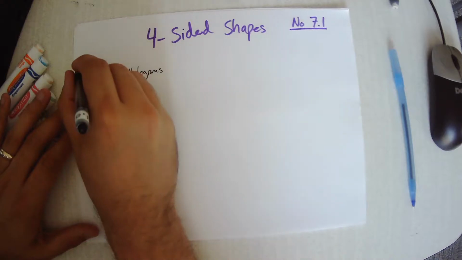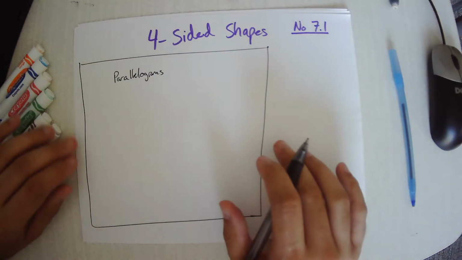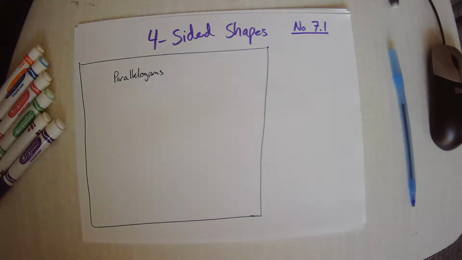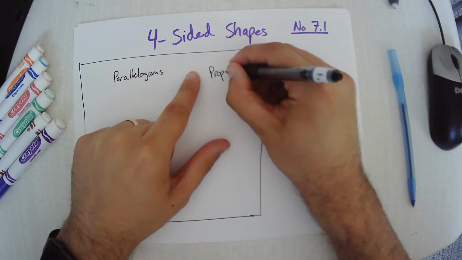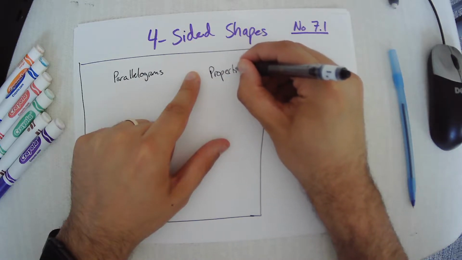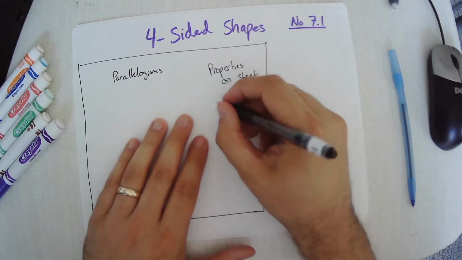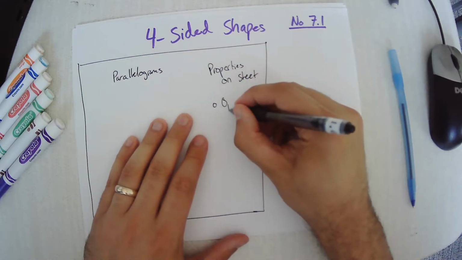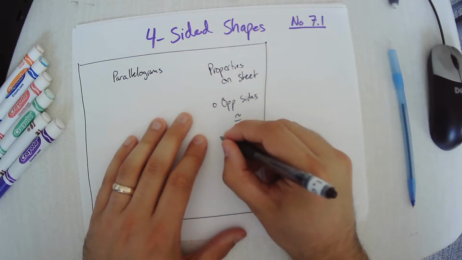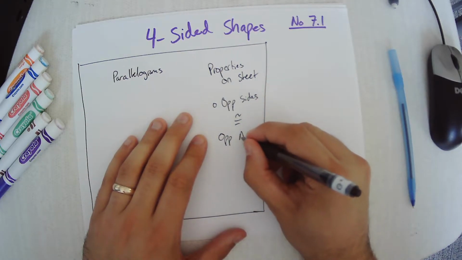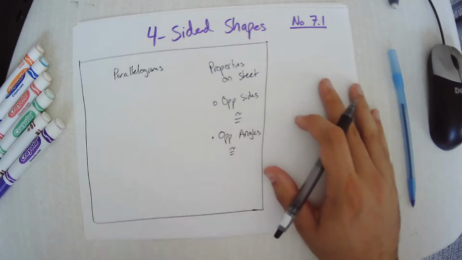What I'm going to do here is show you a very rough version of your formula sheet. We did this together before the last test. Parallelograms: we have a bunch of properties that come from parallelograms on the formula sheet. For example, opposite sides are congruent, opposite angles are congruent, and on and on.